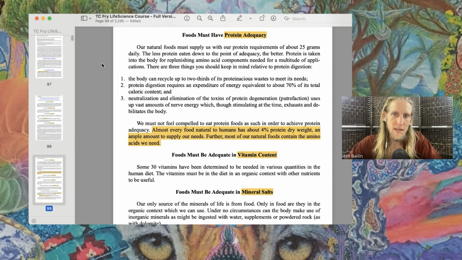Foods must have protein adequacy. Now, this is very interesting because, like I mentioned earlier, the new food recommendation guidelines just dropped, and they really push the protein angle. And we're going to look at that in a bit. But here they talk about how protein adequacy isn't about how much protein is packed into a thing.